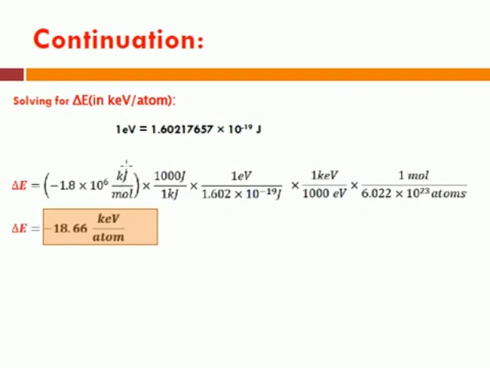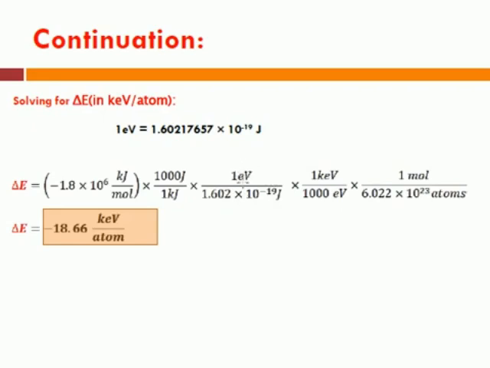First, convert kilojoule to joule. So, in 1 kilojoule, we have 1,000 joules. So, kilojoule here will be cancelled out. Then, convert joule to electron volt. So, in 1 electron volt, we have 1.6022 times 10 raised to negative 19 joule here.